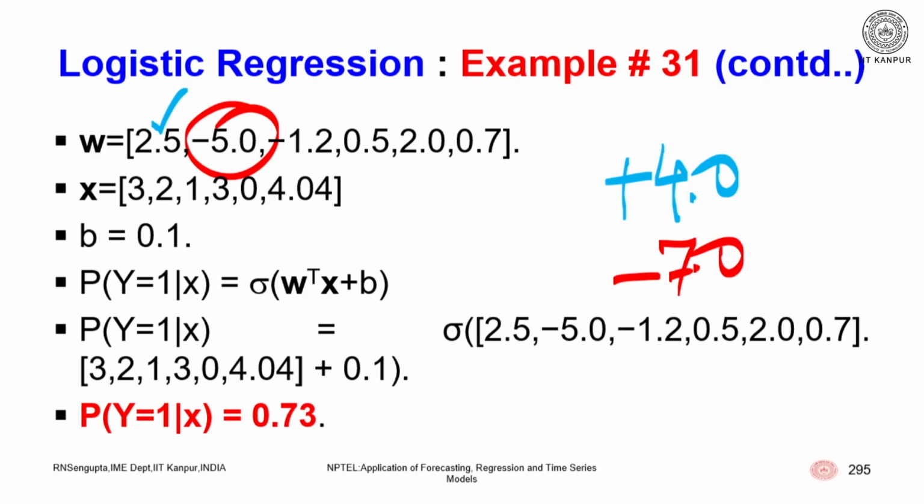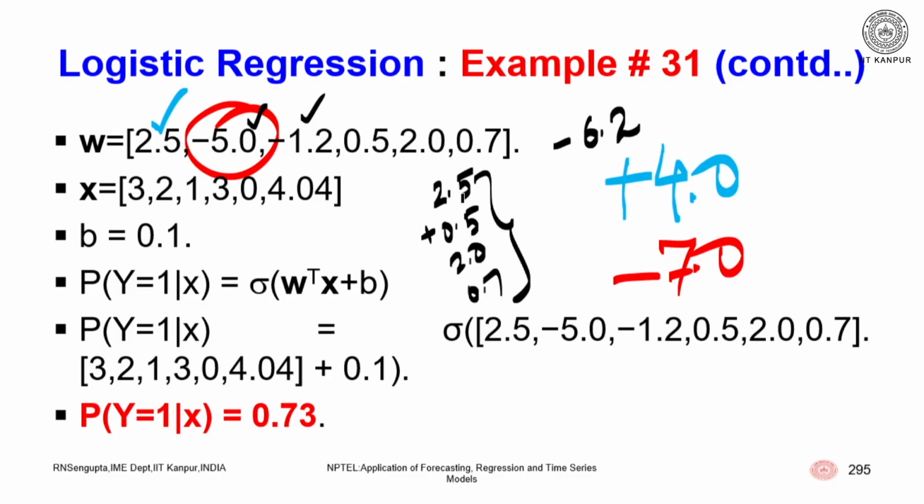If you note down the values, let us check the weights. The weights are 2.5, minus 5, minus 1.2, which makes minus 6.2, and the plus values are 0.5, 2.0 and 0.7, so the values come out to be 5.7.